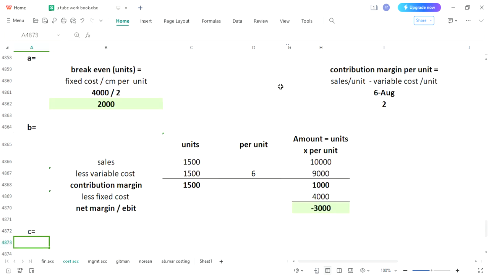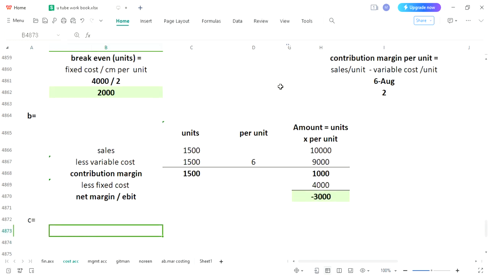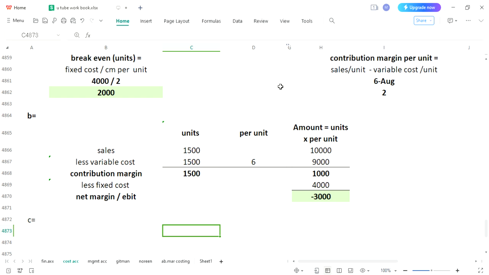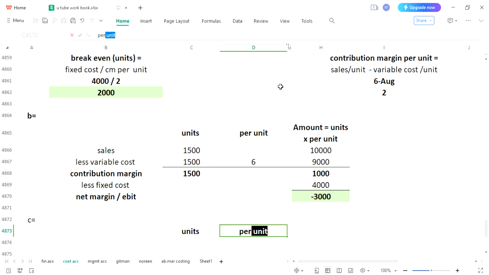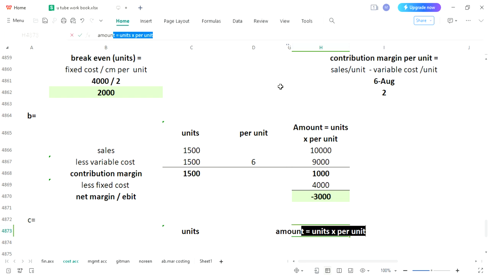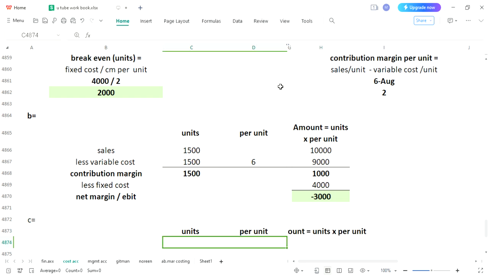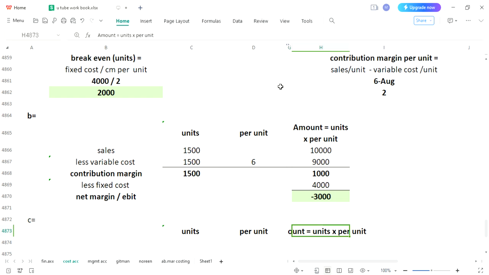Now what you will do for C point, we will be making the contribution margin format income statement again. We need to put units and then per unit, after which we need to put amount, and this amount would be calculated by multiplying units into per unit.